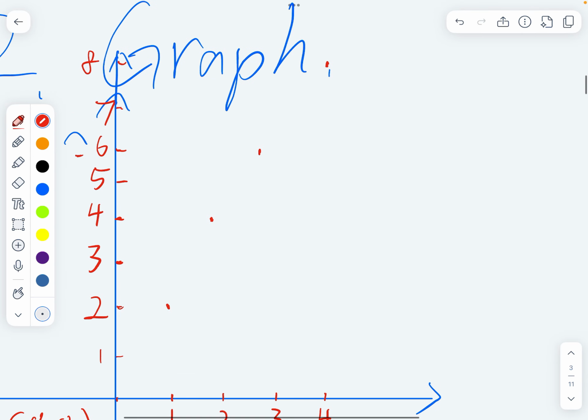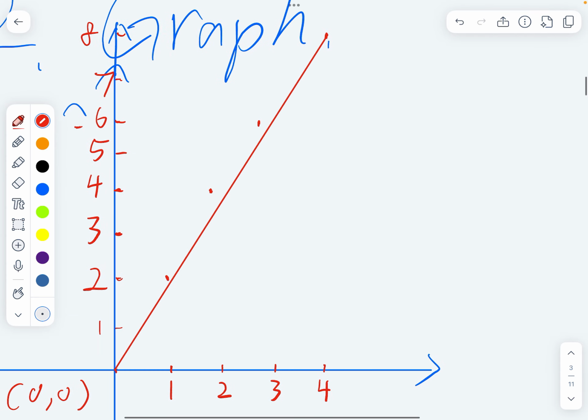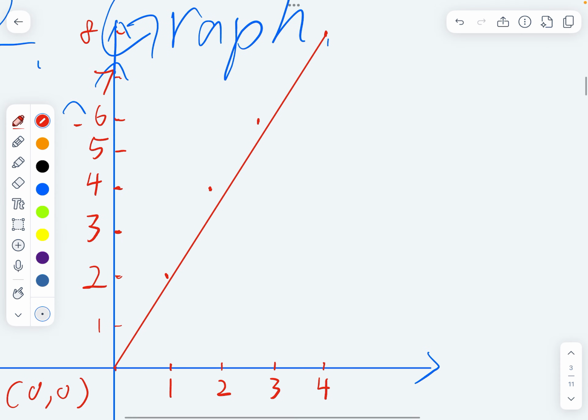The final step is to connect these points. So the line goes where, maybe this point is going to be here.